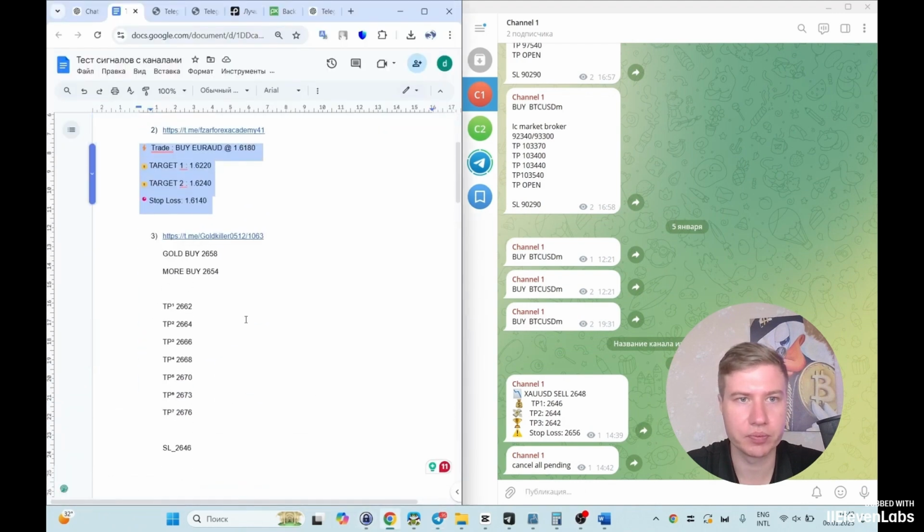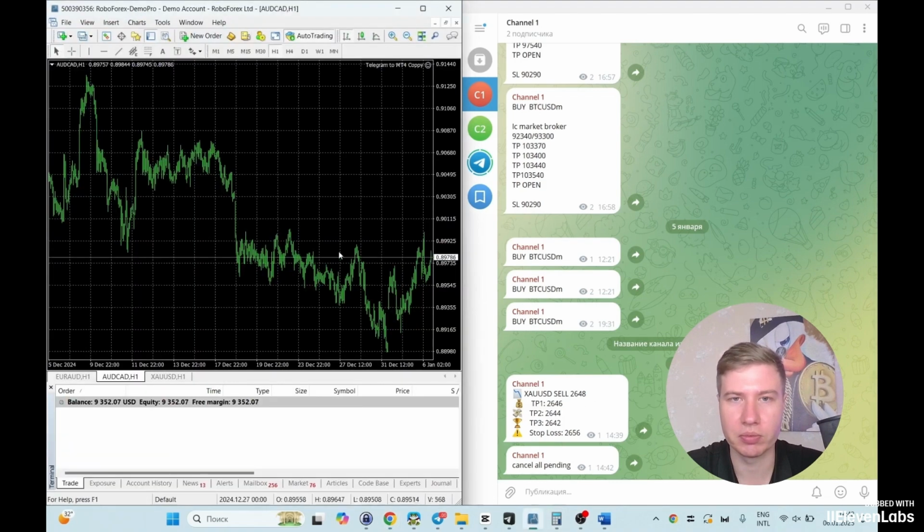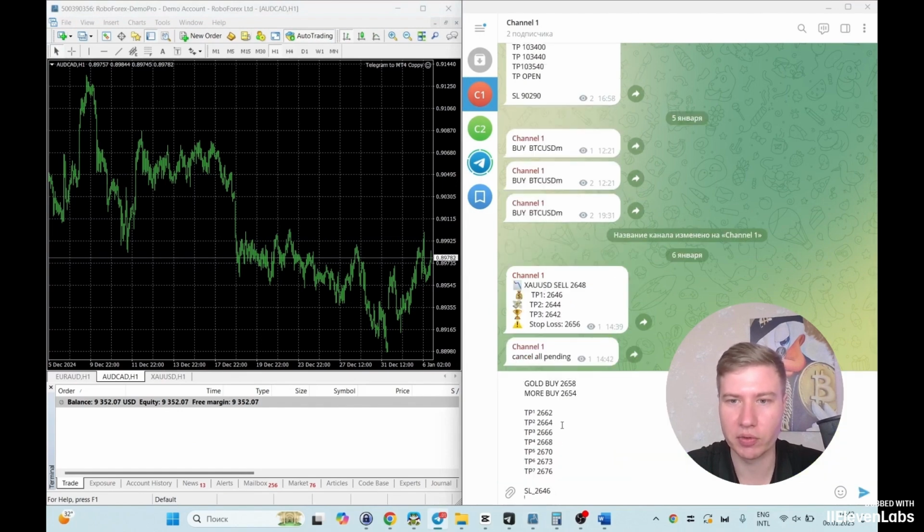Let's move on. From this channel, I took this type of signal. Here, 7 take profits. Note that not every utility on the market, and there are not very many, just a few, can handle 7 take profits. Here the keyword is specified as buy.